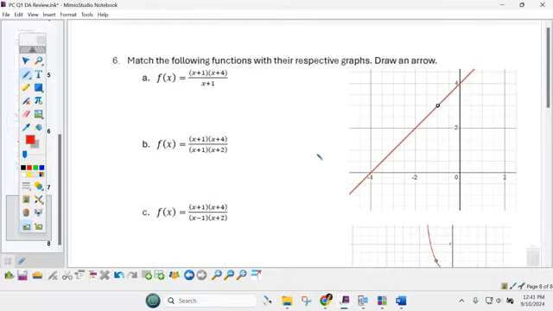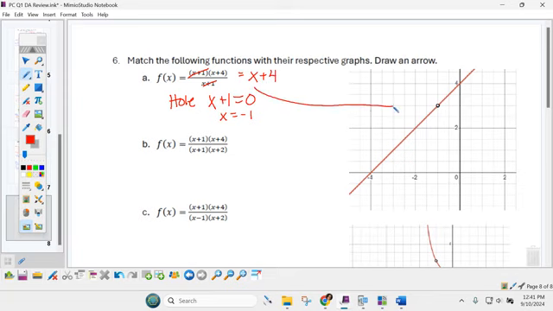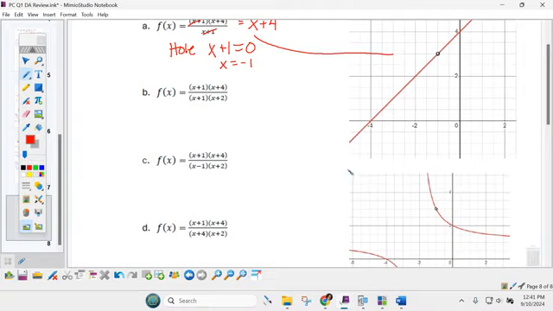Mm-hmm. And over here, we're just going to approach both asymptotes. All right, last but not least, we got graphing. I got a line with a hole. Oh, this has a hole when x plus 1 equals 0. Oh, that's this one. And look at that. The remaining factor is a line. All right, these two go together. Oh, this also has a hole at -1.